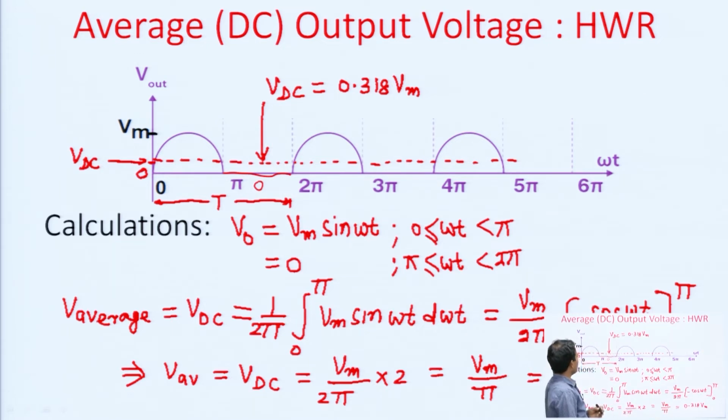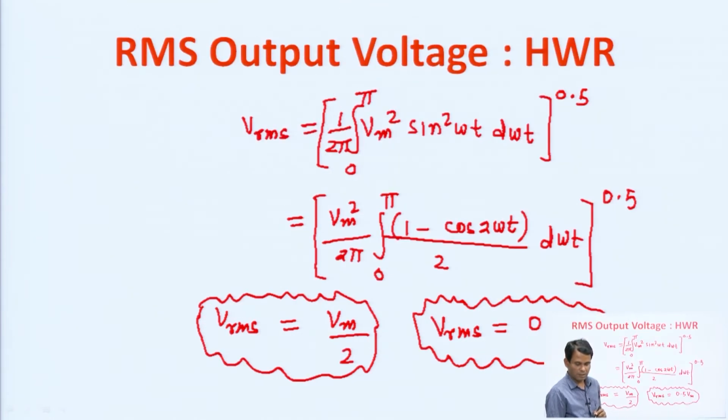This means the output or DC voltage is 0.318 times the peak value of the output voltage. So, this is the average or DC output voltage of the half wave rectifier.